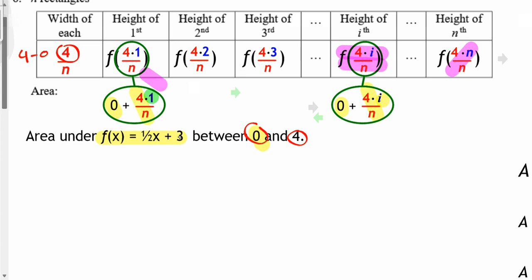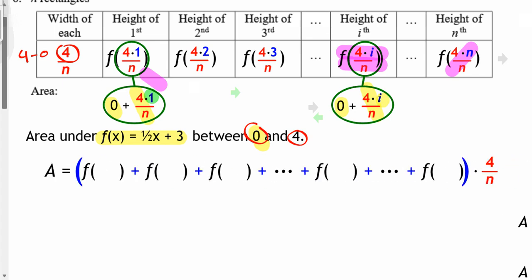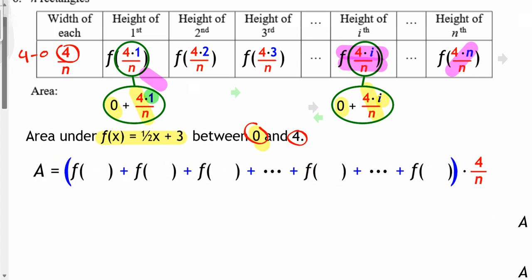Okay. So here's my area calculation. I'm going to have the height of each rectangle, which is the function value. I'll add them all up, and then I'll multiply by the width, because the width is a common factor. Right?